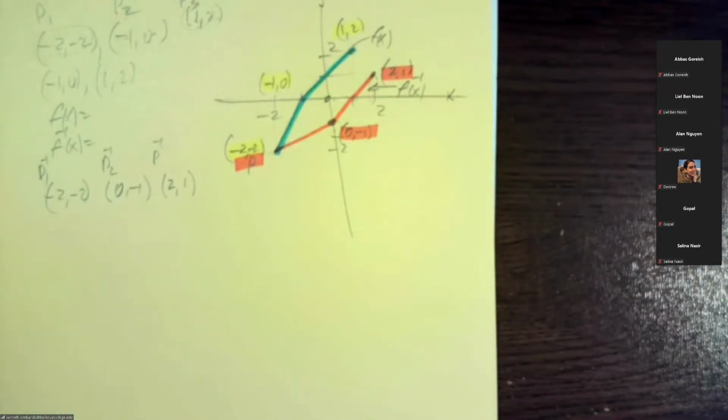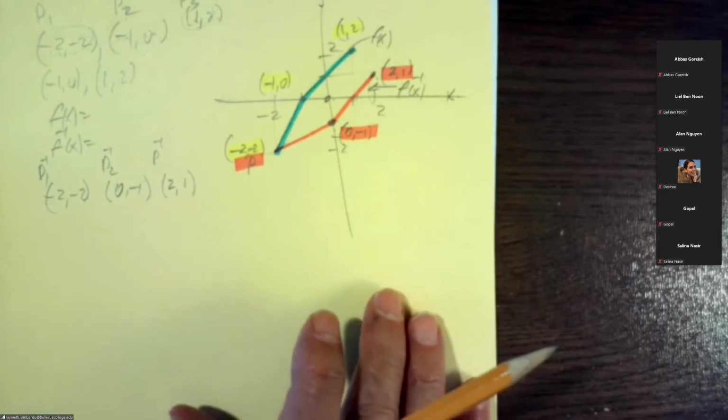Okay. Let's try. Let's see, what time do we have? We still got some time, so let's try another one.